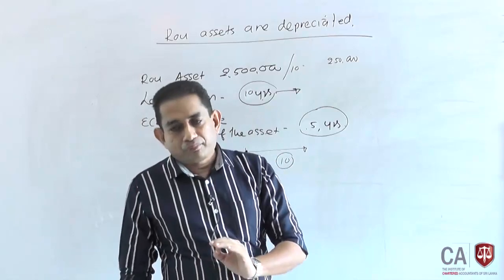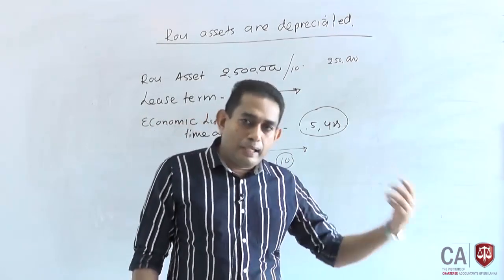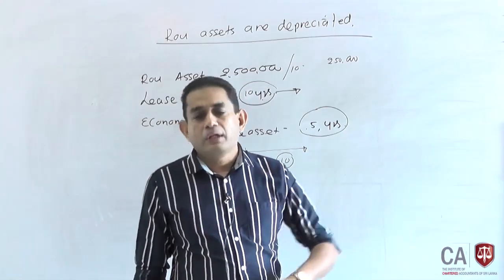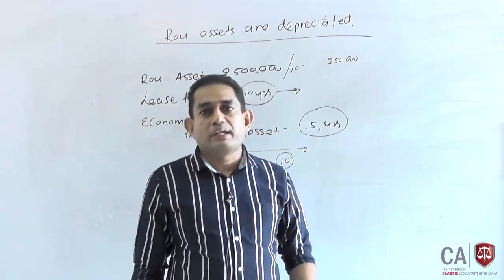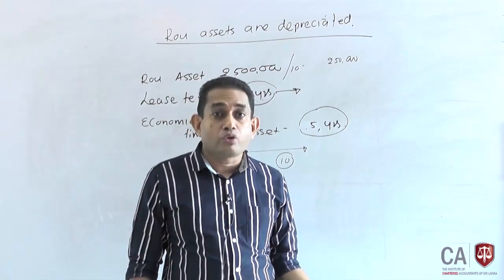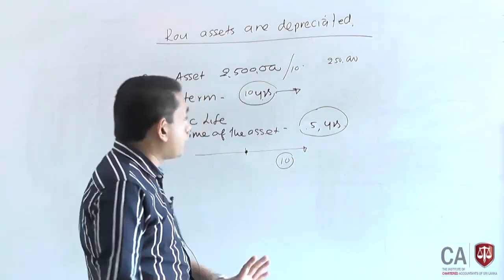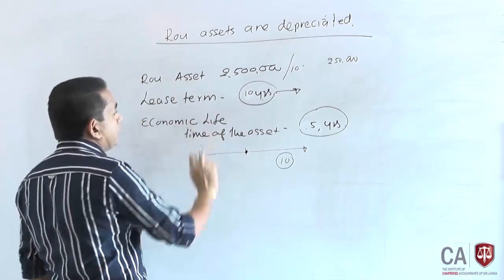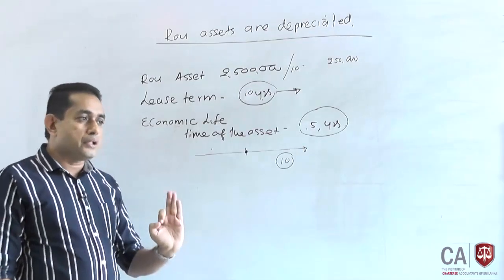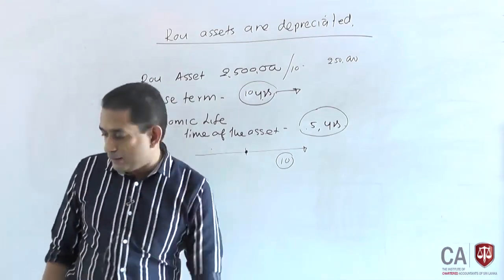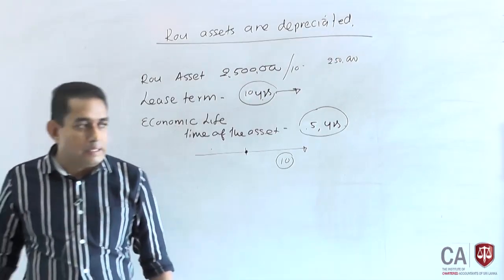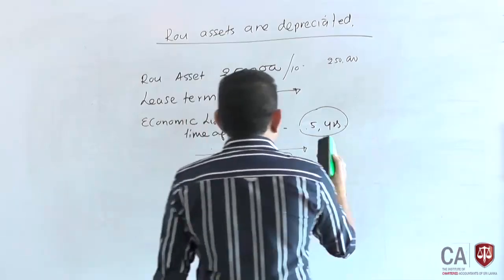But where neither has the lessee been given the purchase option, nor does the legal title pass to the lessee at the end of the lease term, then you should depreciate the asset over the lower of the economic lifetime and the lease term. So, that is what the standard says as far as the depreciation period of right of use assets is concerned. And then let me quickly go to variable payments.